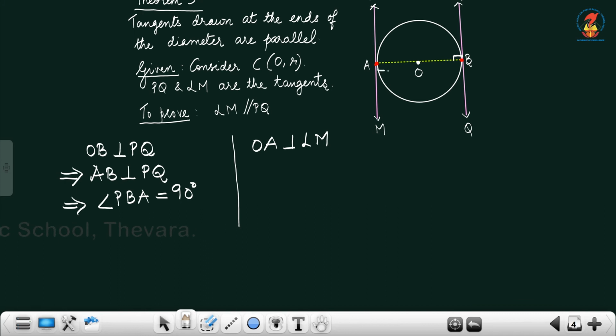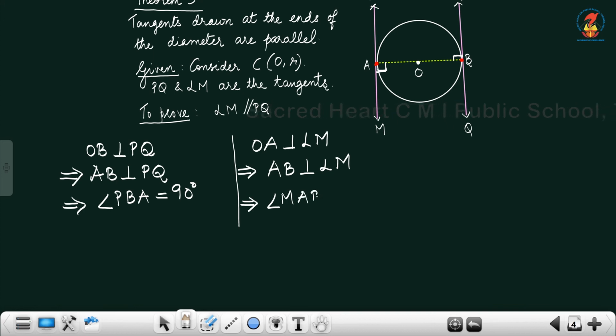OA is the radius of the circle. Radius is perpendicular to tangent. So definitely you can say AB or BA is perpendicular to LM. Implies which angle will be equal to 90 degrees? Angle A. MAB equals 90 degrees.